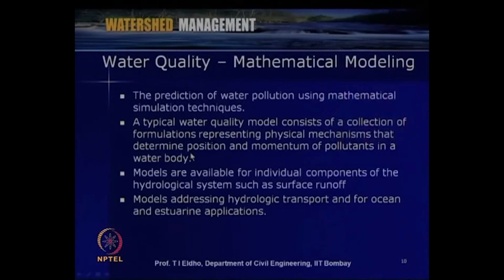Now, as far as water quality modeling is concerned, most of the time we will be trying to develop mathematical models, since that is the way we can quantify the contamination or pollutant movement within the aquatic environment, either surface water or groundwater.